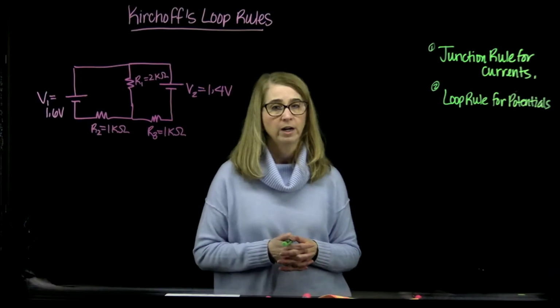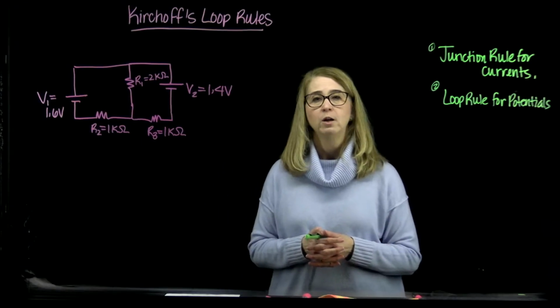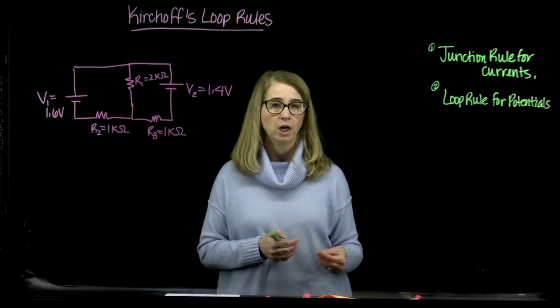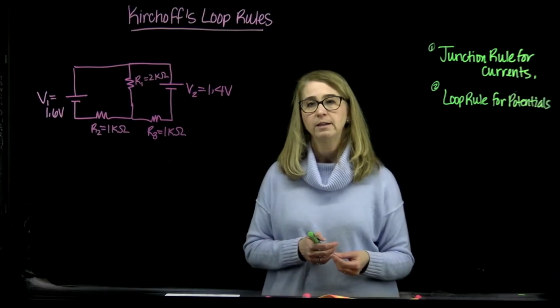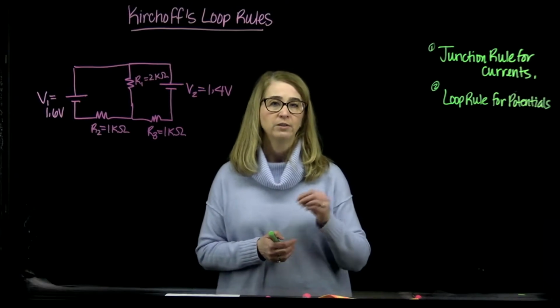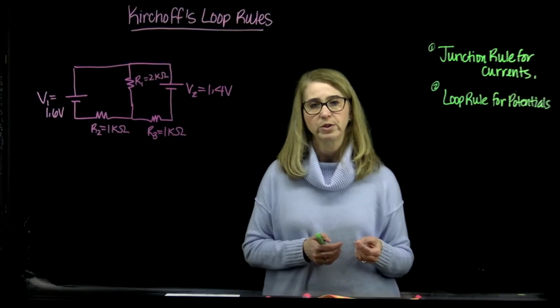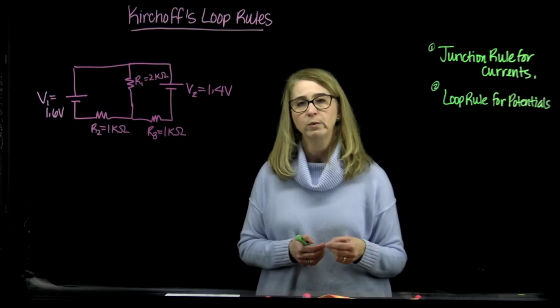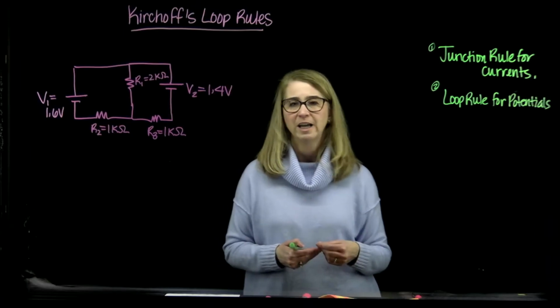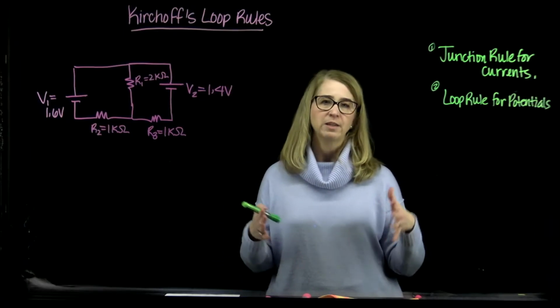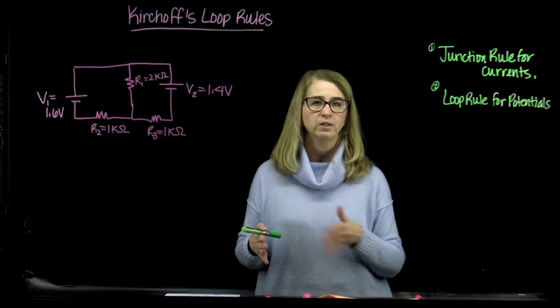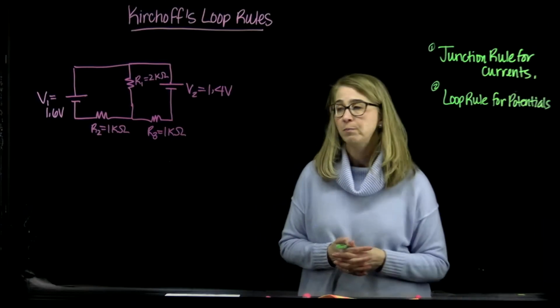As we go around that loop, we have to think about whether there's a potential gain or loss and how we will express that. The idea being that around the entire loop, the sum of gains and losses will be equal to 0 because we will get back to where we started, and so we can't have a change in potential. It means that the total change over the entire loop has to be 0.